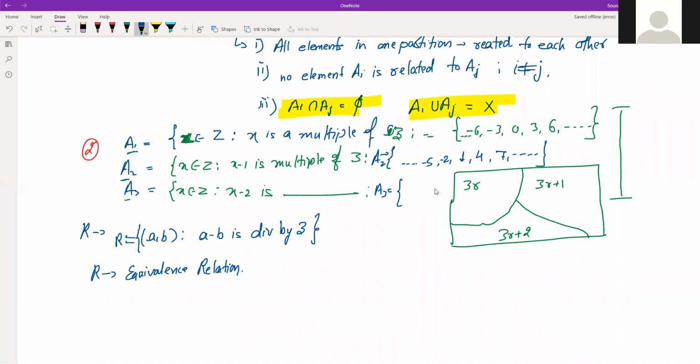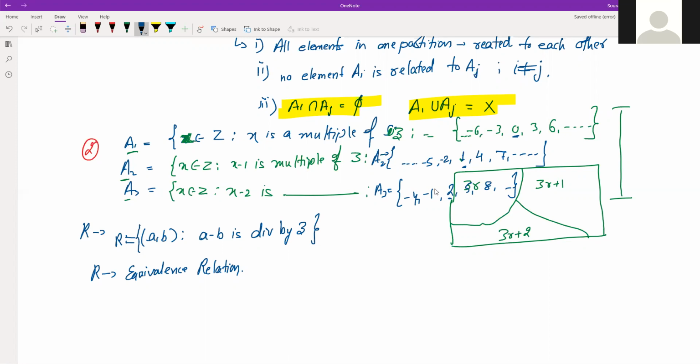A3 will have 2, right? 0, 1, 2. 2 plus 3, 5. 5 plus 3, 8. 2 minus 3, minus 1. Minus 1 minus 3, minus 4, and so on. So only these things are possible.